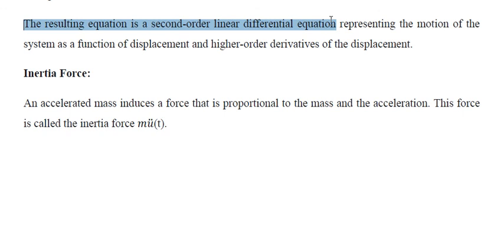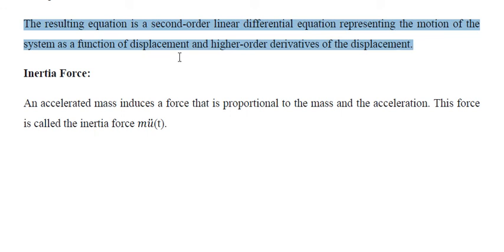Linear means it is varying linearly. It's a linear 1D element taken, representing the motion of the system as a function of displacement u and higher order derivatives of the displacement. What are the derivatives of displacement?